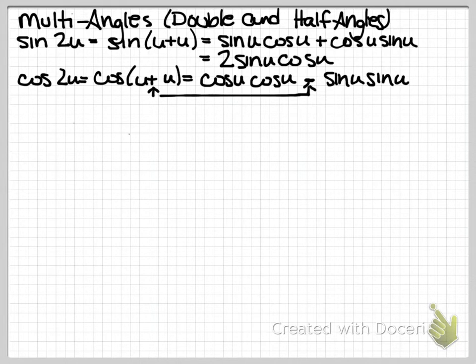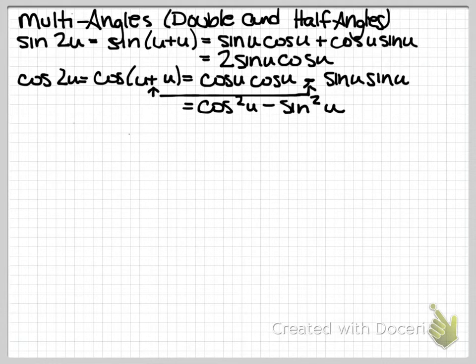Again, simplifying, I end up with cosine squared of u minus sine squared u. Now this looks very similar to our Pythagorean identity of sine squared plus cosine squared equals 1. So be very careful that you're paying attention to it. It's cosine squared minus sine squared.